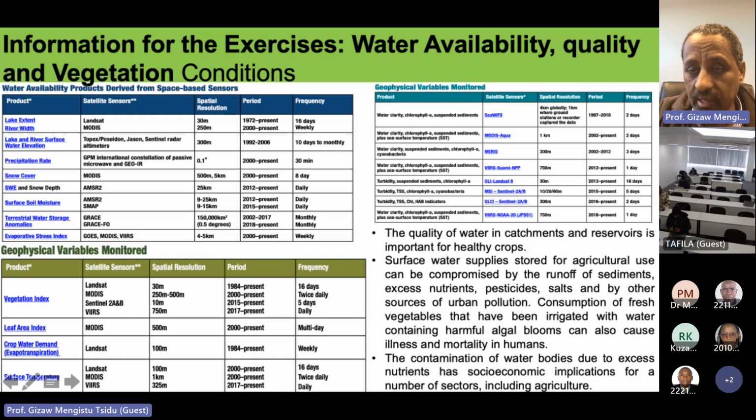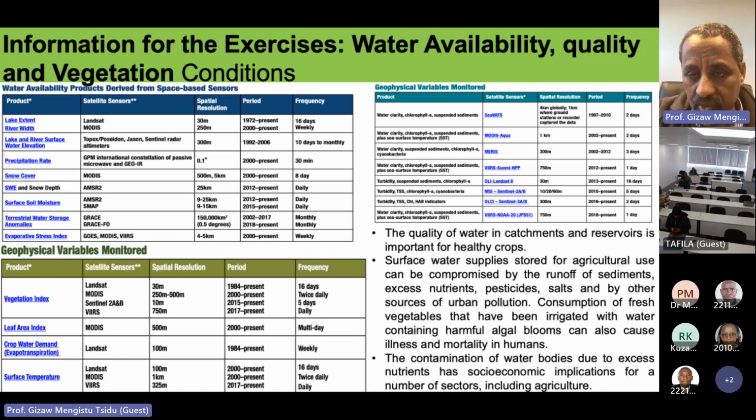We have Aqua and Terra MODIS. One is for the water, the other is for the land, and the data coverage started in 2002 and is going on until now. So there are different parameters that you can get from this one.